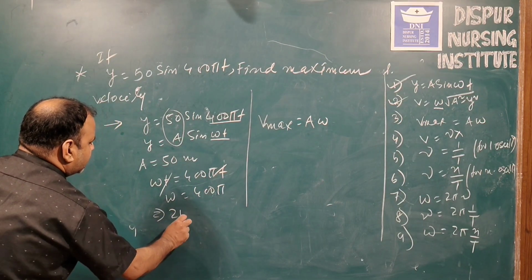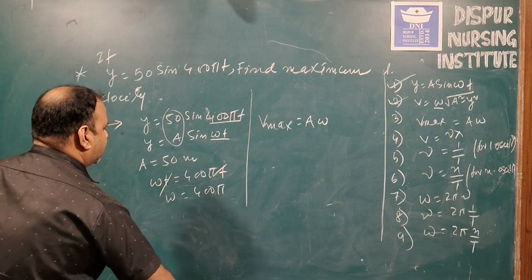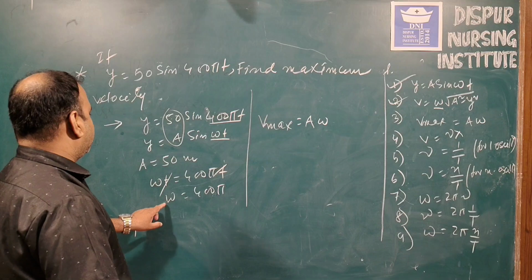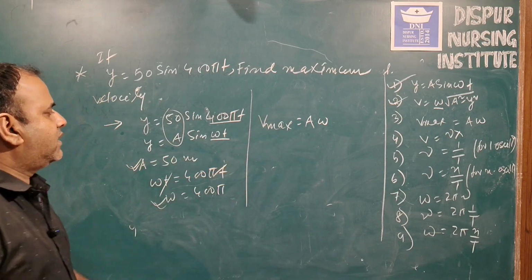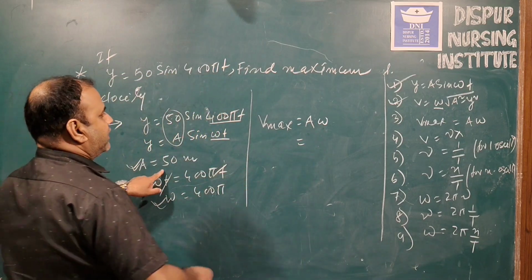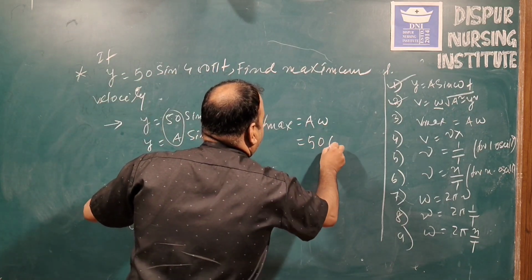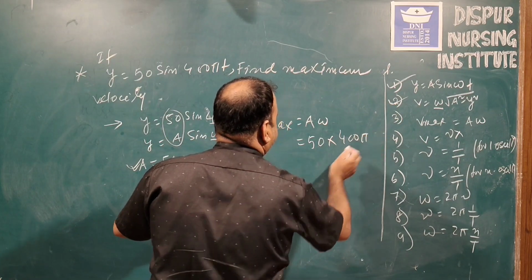We have to calculate only omega, no need to calculate the frequency and all. So you just put the value of amplitude as well as angular frequency, then you can calculate the value of maximum velocity. Here A means 50, and angular frequency is given as 400 pi.